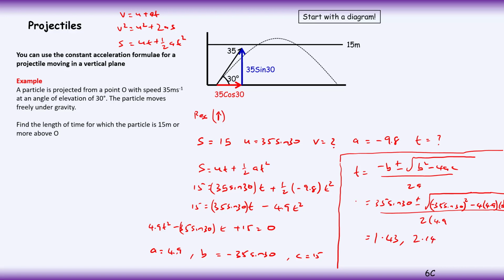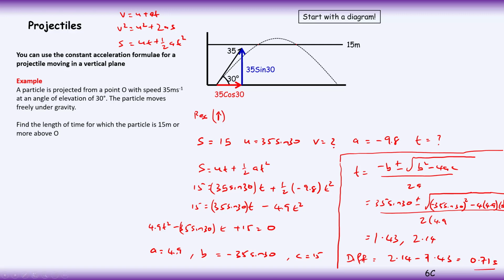And it's the difference between them that's the time spent, because this is going to be 1.43 here, and then this is going to be 2.14. So the difference is the time spent above 15. So the difference is equal to 2.14 minus 1.43, which is 0.71 seconds spent above 15.